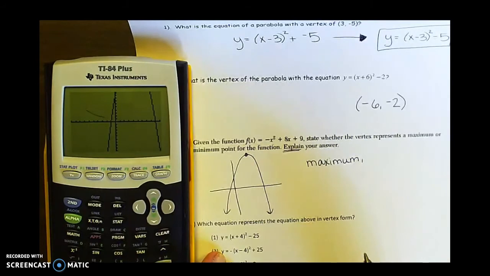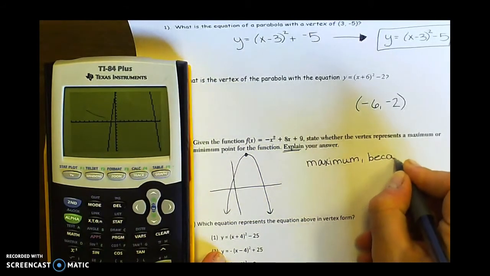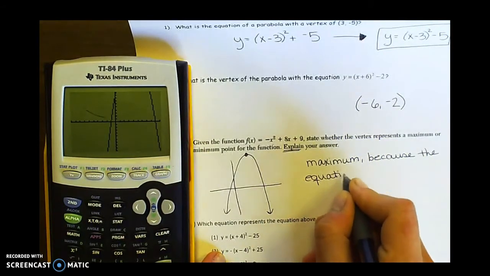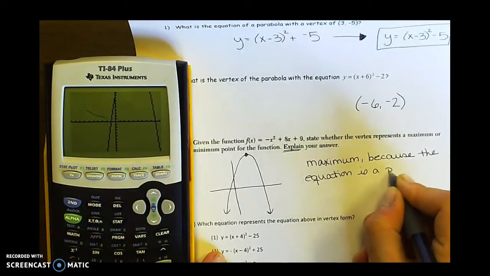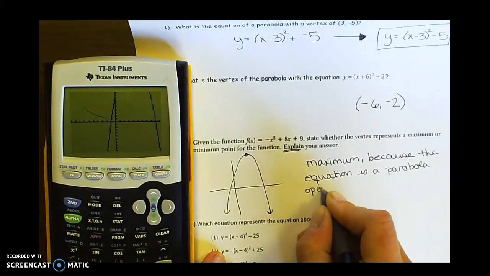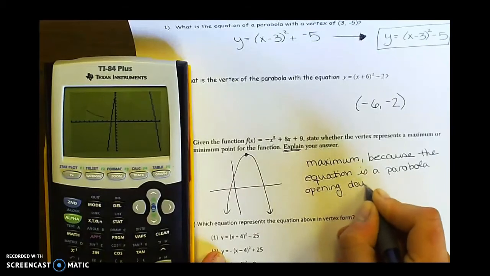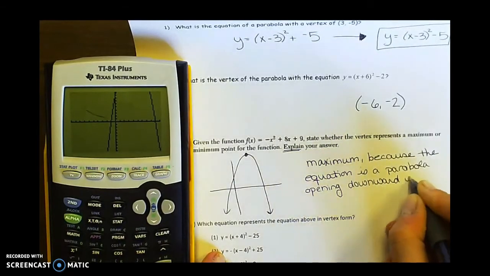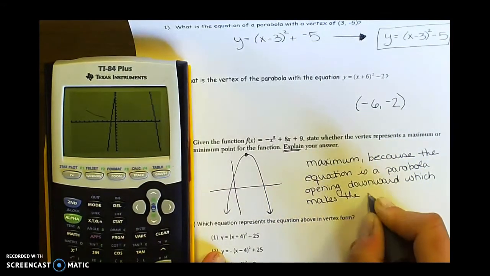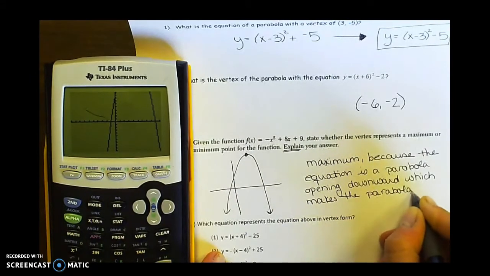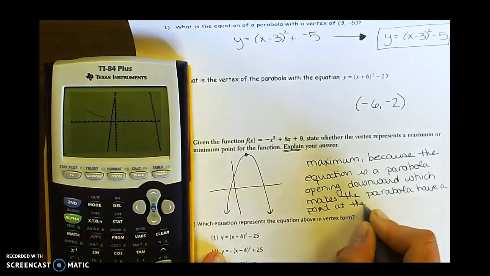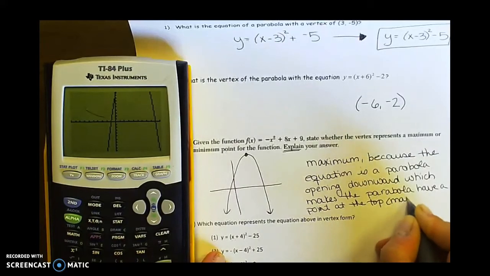Remember, whenever you hear the word explain or justify, you have to write the word because. And I'm going to write the equation is a parabola opening downward, which makes the parabola have a point at the top, which is your maximum.